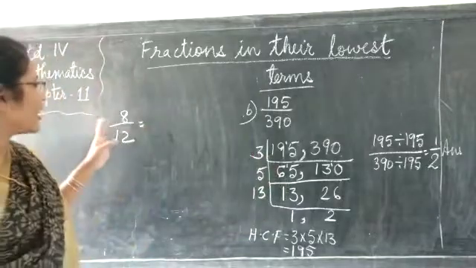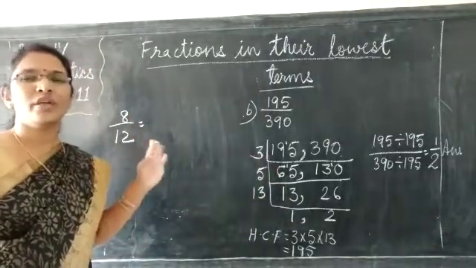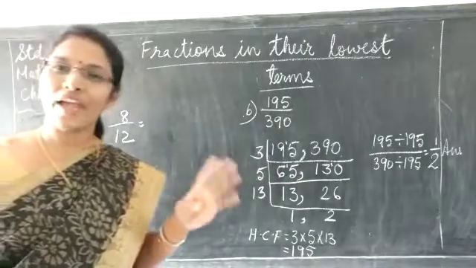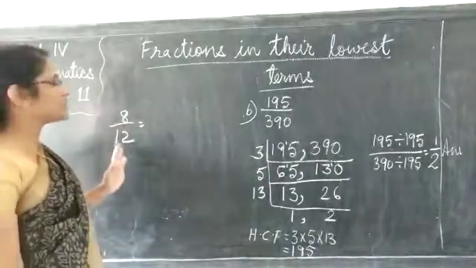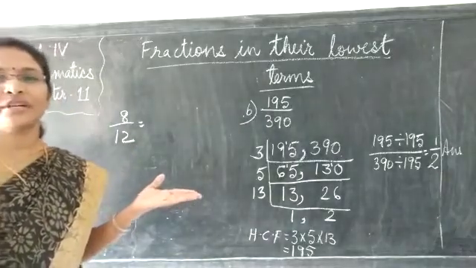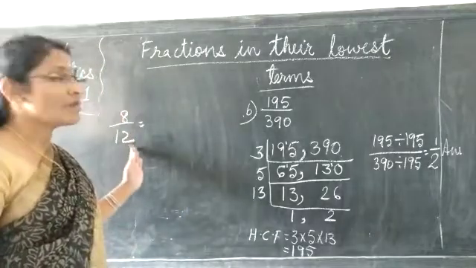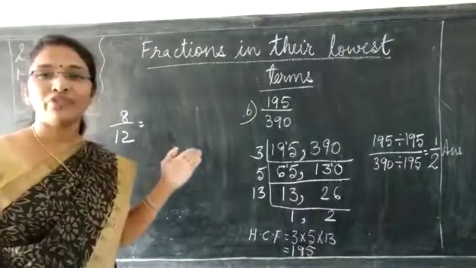Means, we are dividing the numerator and denominator by their common factors. Okay, 8 and 12. What is a common factor for them? 2 is a common factor for them. We can do the cutting by 2, and both numbers are in the table of 4 also.